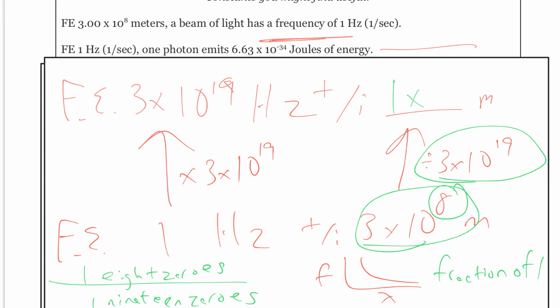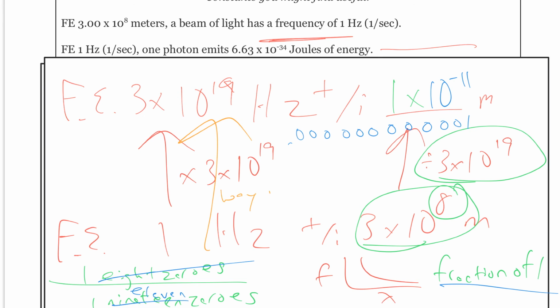So by doing that, I get these 8 zeros drop out, and then of those 19, 11 are left. So this is 1 times 10 to the negative 11th, or 0.00000000001. So it is definitely a fraction of 1. And we know that this is right. We can kind of come back over here and check, like, what should have happened? Well, this went way up, which meant that this went way down. And that's what we proved experimentally in class. I hope that helps. I'll see you guys tomorrow.